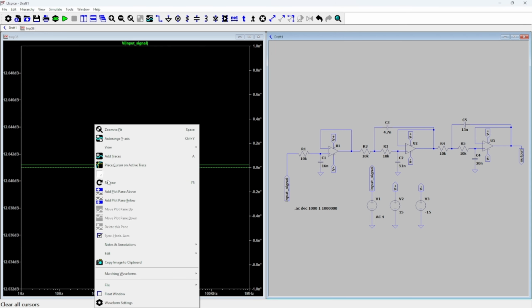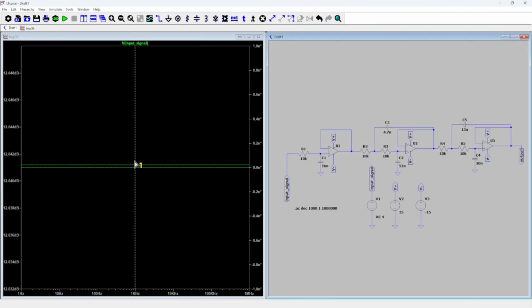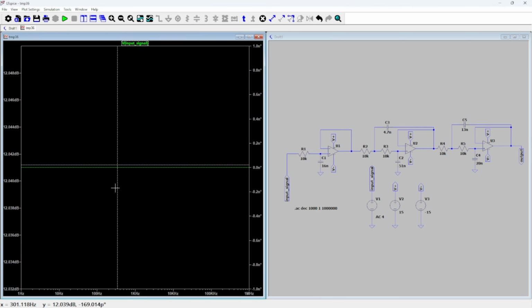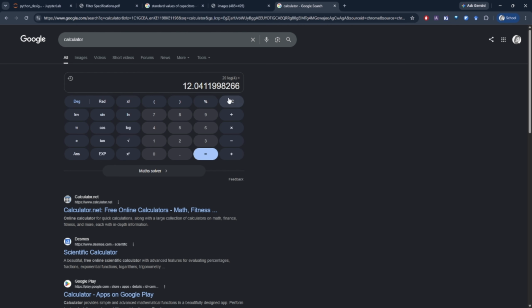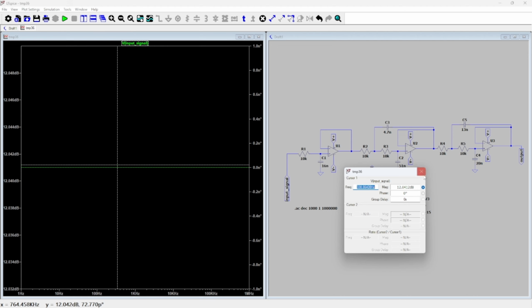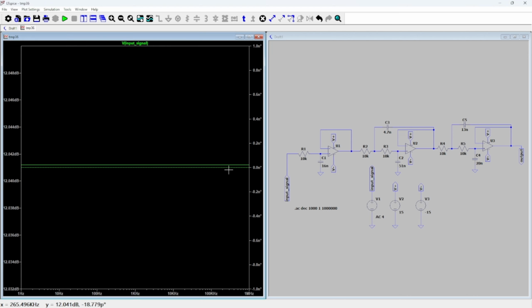If you come to add, you can see the value 12.0412. If you look at what you got from this, it's 12.041; if you round up there, you get that. So this is how they got that. The phase is just 0. You can see it's 0 degrees here. If you hover there, you can see 0 degrees.